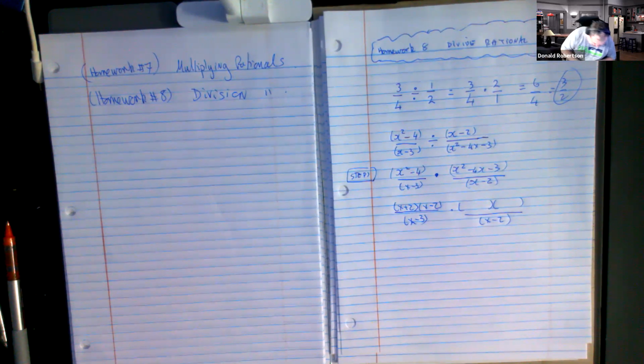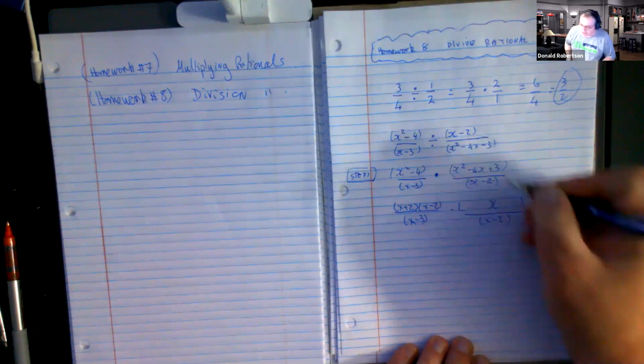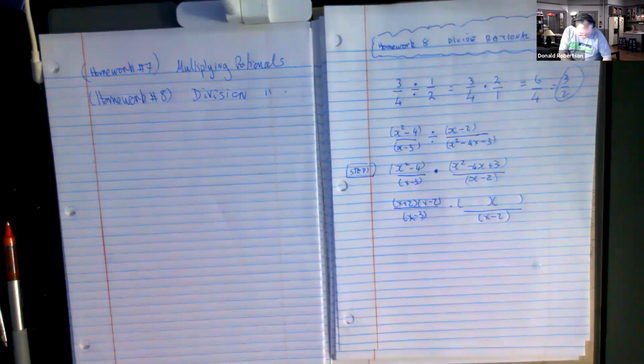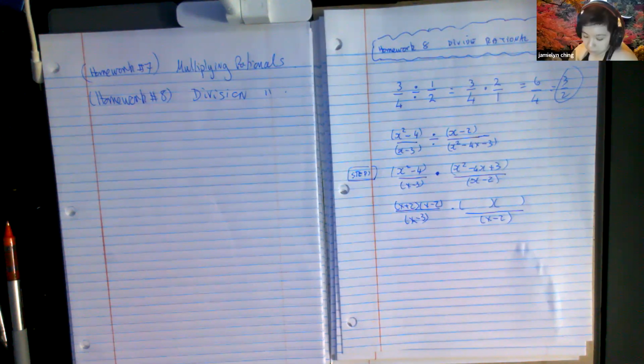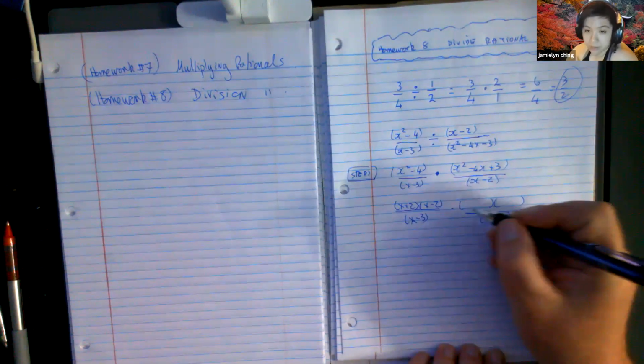Oops, my apologies. Now you can do something to that guy. Two numbers multiplied together give you plus 3, but somehow when you add them, you get negative 4. That is doable. Plus 1, minus 3.